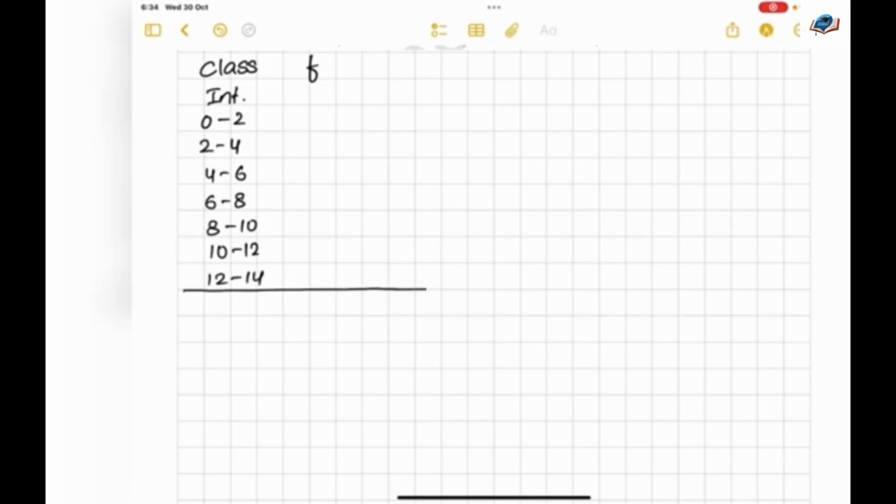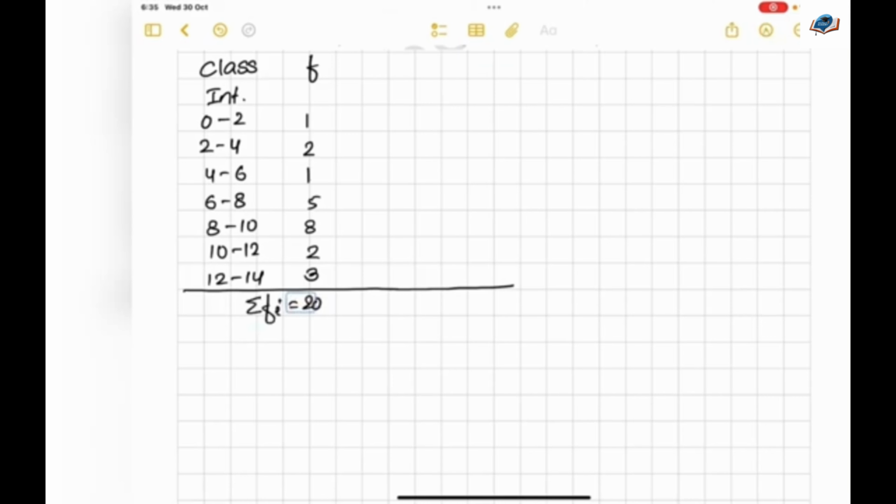So 0 to 2 it is 1, then 2 to 4 it is 2, then 1, 5, 8, 2, 3. So if I find the total of all, it should come as 20.